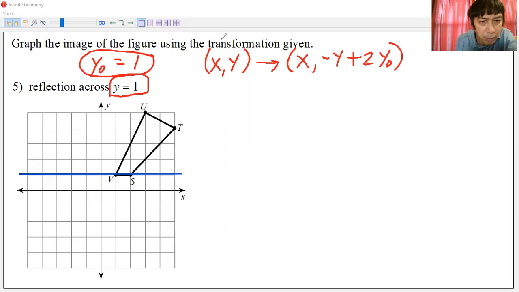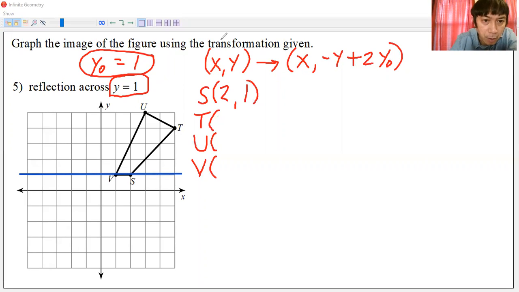So this will be about S, T, U, V. T, U, and V. These are our points in alphabetical order. S is located at 2, 1. Our T is located at 5, 4.